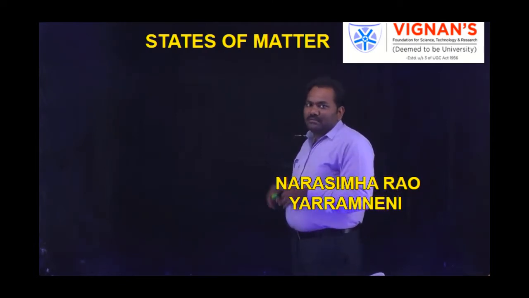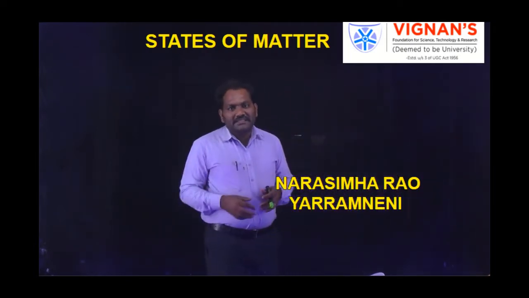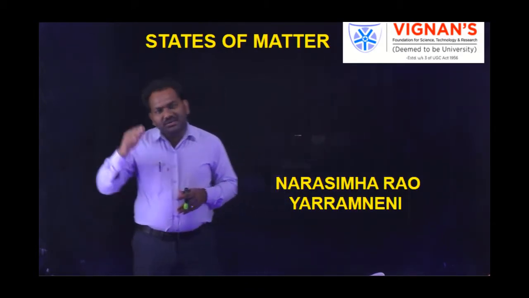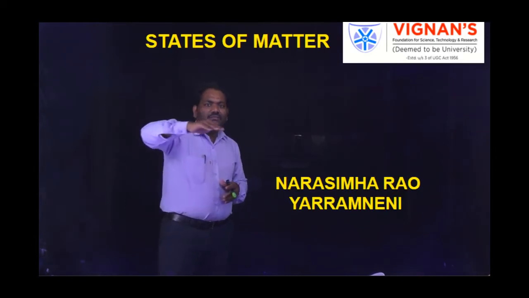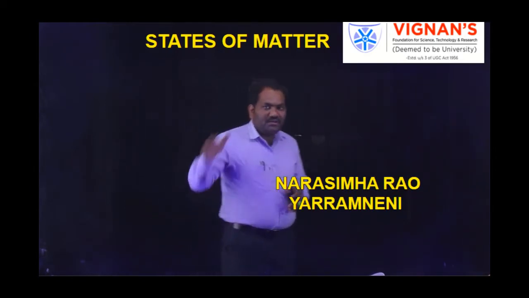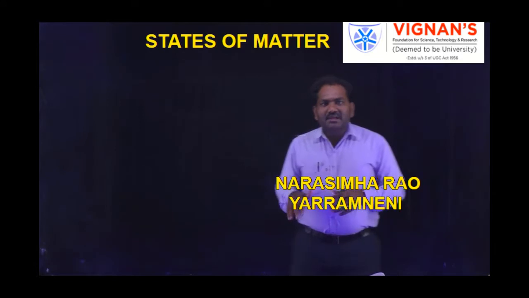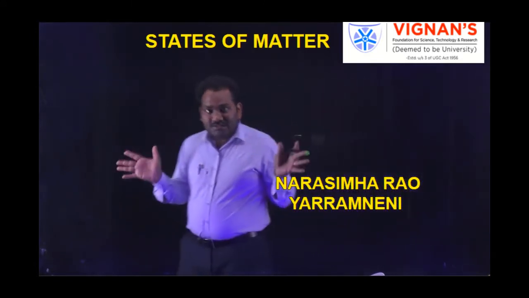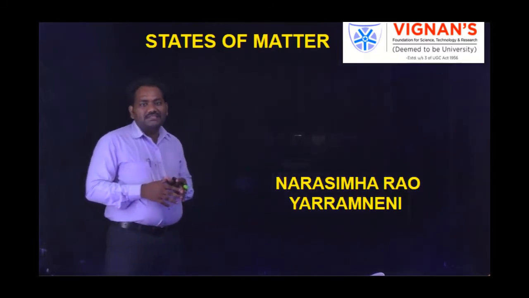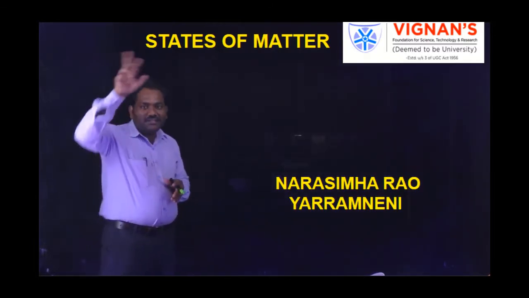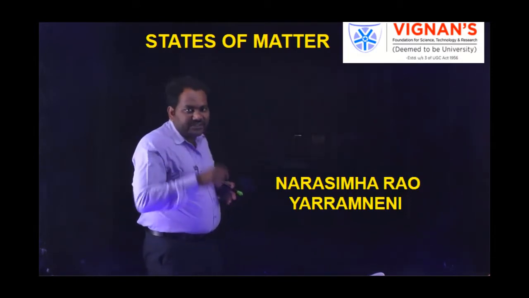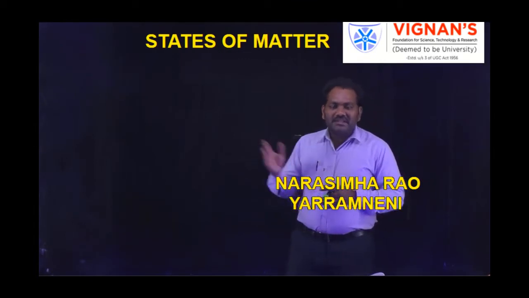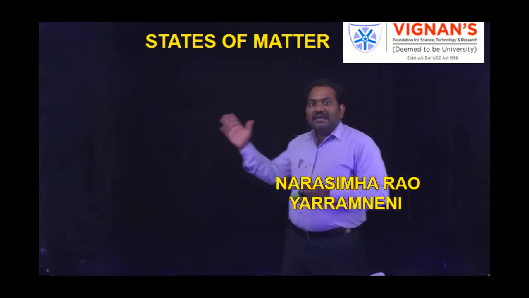Now here we discuss Avogadro's law. This Avogadro's law is derived on the basis of the conclusions of Dalton's atomic theory and Gay-Lussac's law. By combining the two conclusions, he derived a new relationship, and that equation is nothing but Avogadro's law.